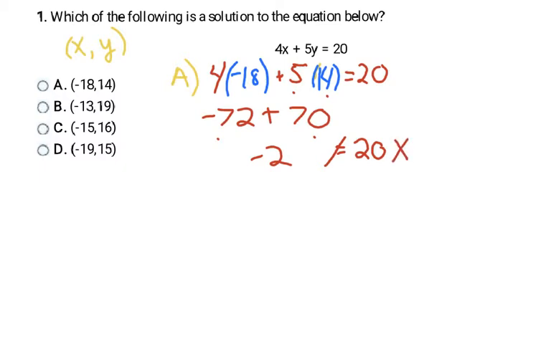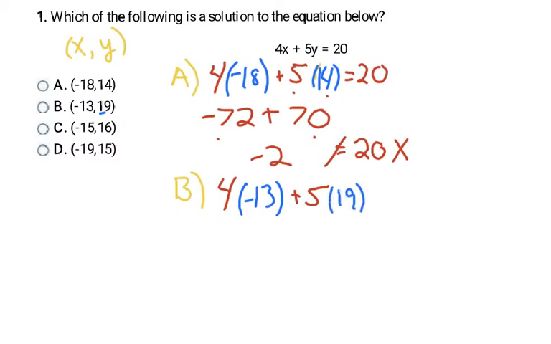It doesn't work out. So then I'm just going to have to repeat the process with B. I have 4 times, and in B, my x number is negative 13. Plus the 5 times my y number, and my y number here is 19.